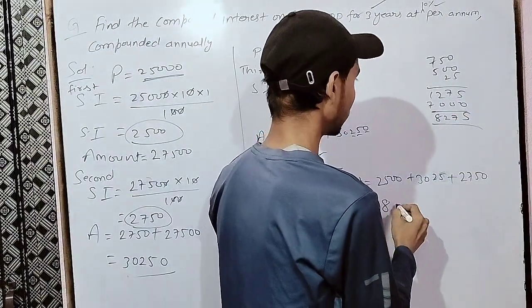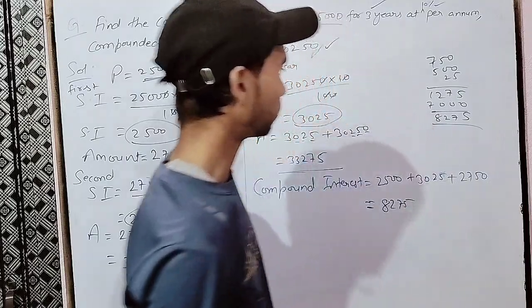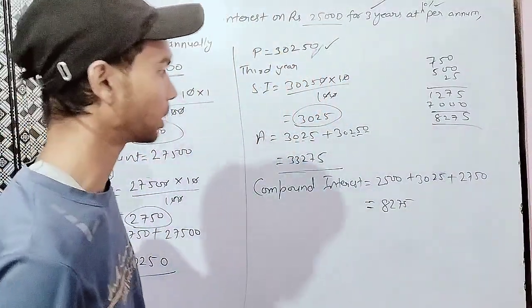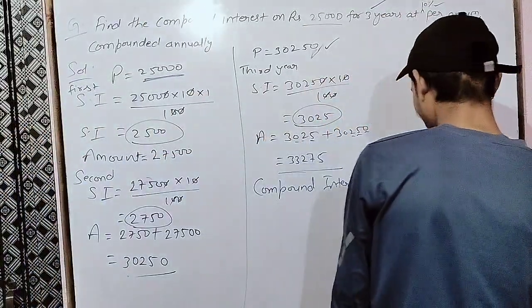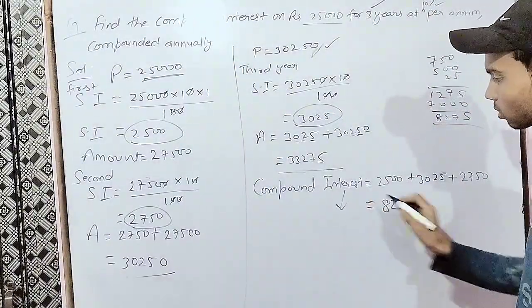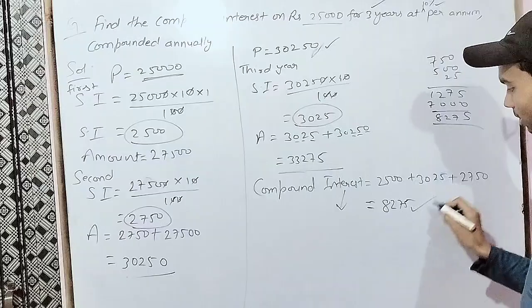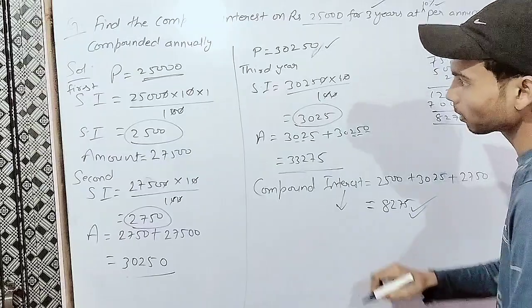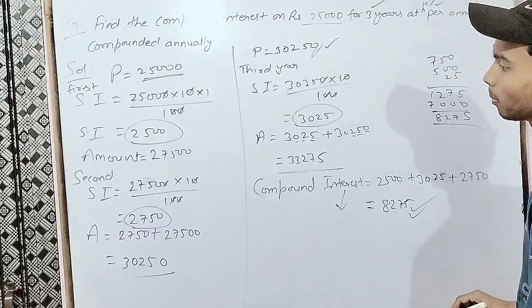And this is the total compound interest, which is extra money. This is interest, that's why it is extra money. It will be paid.